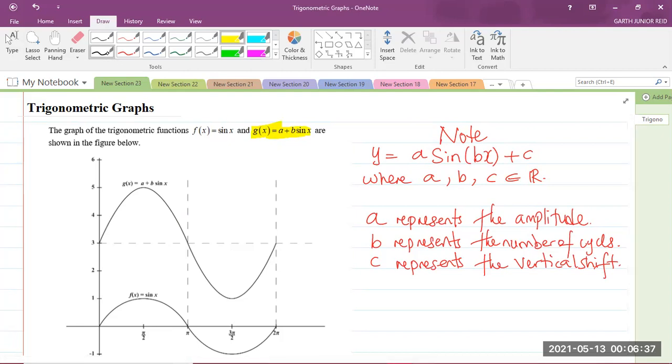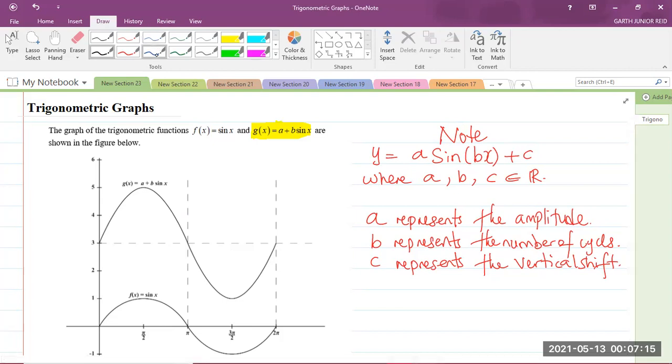It kind of looks like the function y is equal to a sine bx plus c, but the letters are switched around. Even if it is switched around, you need to understand what each letter represents. If you compare it to the one that I wrote on the right, the a would represent the vertical shift.